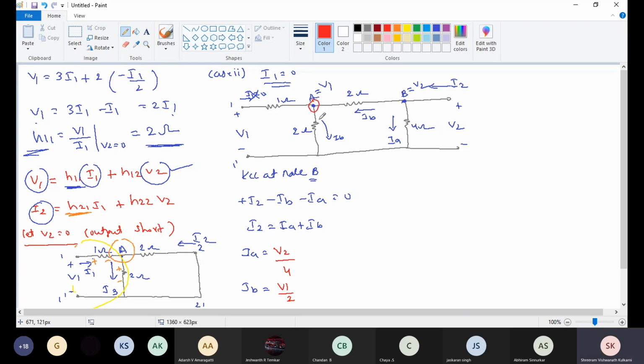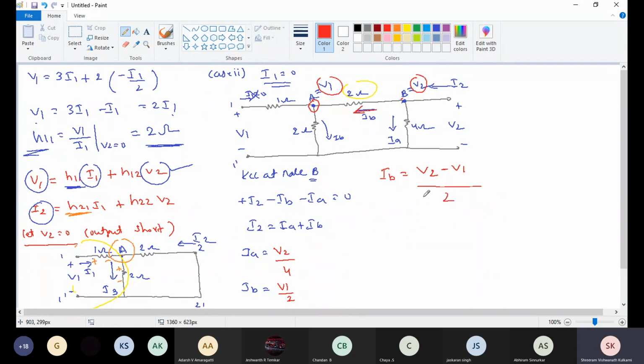node voltage analysis, that is IB is equal to V2 minus V1, see here, this IB is also given by V2 minus V1 divided by this 2. So IB is also given as V2 minus V1 divided by 2.